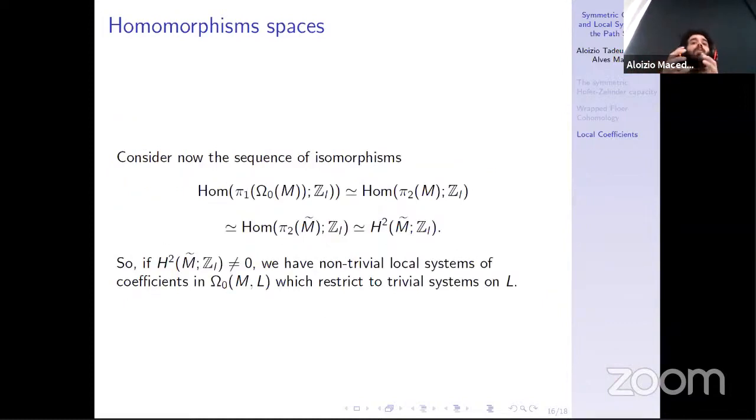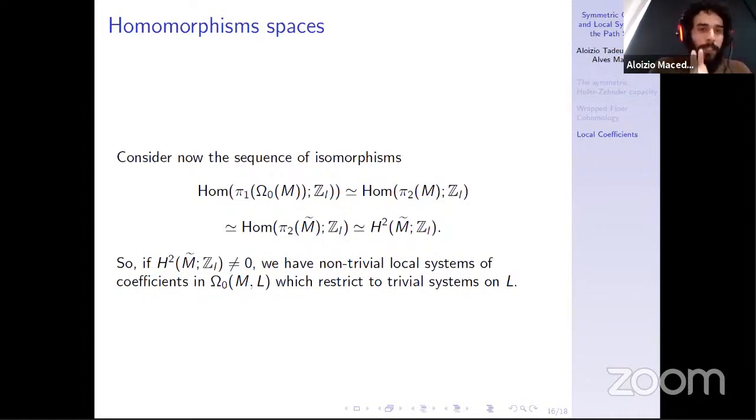But the fact that these are non-trivial, now I have to pull some results. Well, the fact that this is a non-trivial local system on this path space implies, in our specific case, that the homology of the base loop space will also be 0 under these local systems.